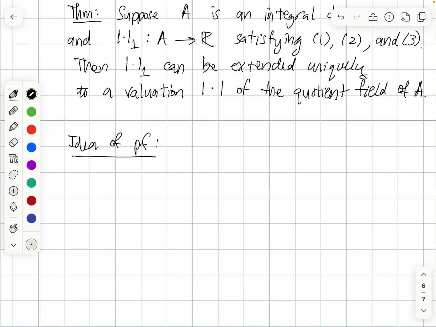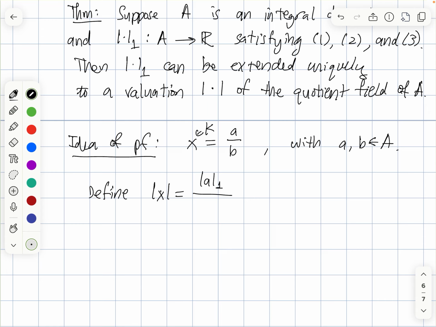If you have an element X of the quotient field, then we can write it as the quotient of two elements A and B of A. So you define the valuation of X to just be the map of A divided by the map of B.